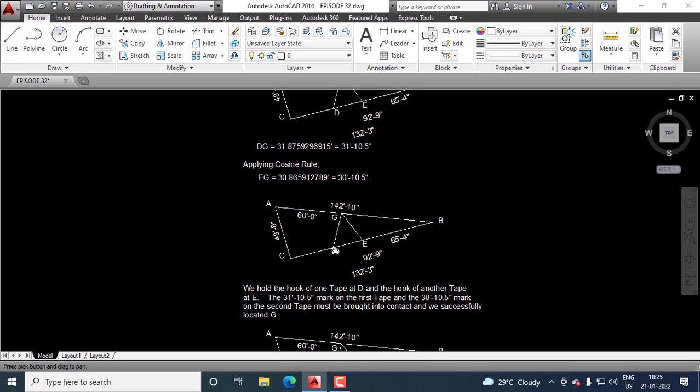We hold the hook of a tape here and we keep our finger at the 31 feet 10.5 inches mark on this tape, and on the other tape we hold the hook here and we keep our finger at 30 feet 10.5 inches, and both these fingers must coincide, and that will be G. So we have successfully located G on AB, though this line is not rangeable or chainable.